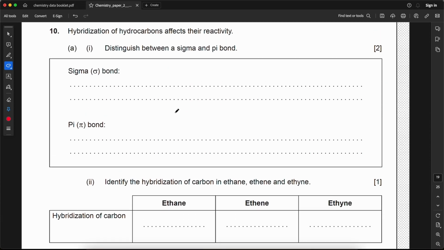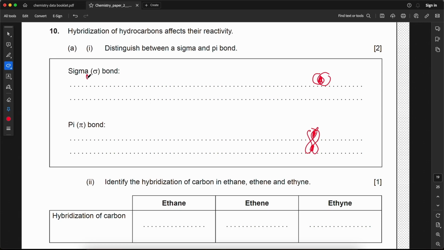Hybridization of hydrocarbons affects their reactivity. Distinguish between a sigma and pi bond. This is a sigma bond, and this is a pi bond.